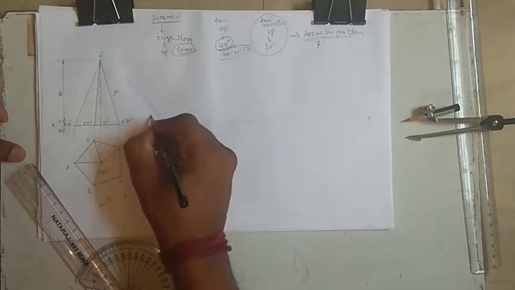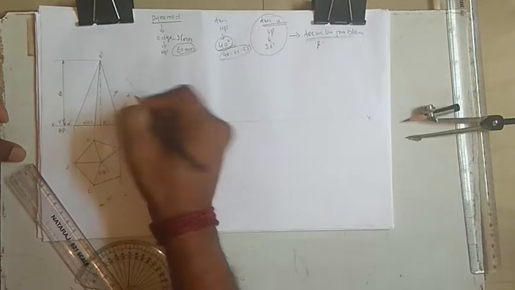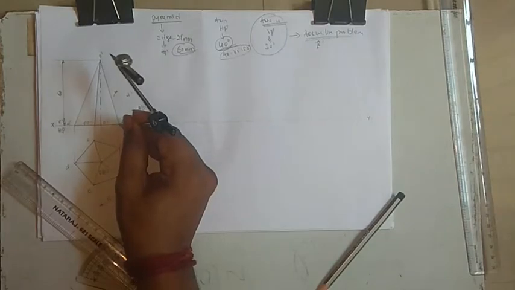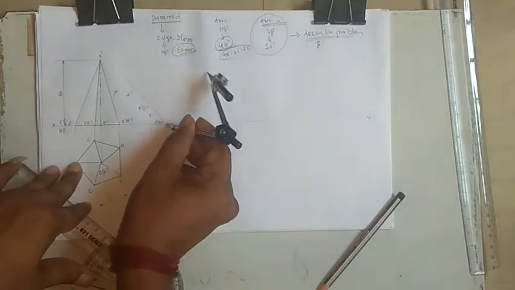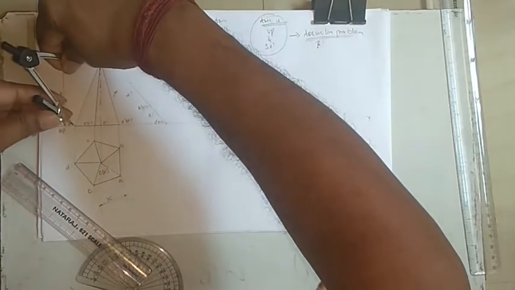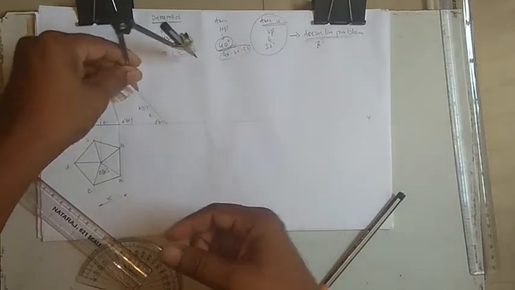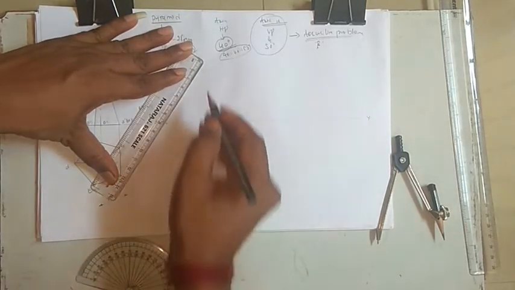Okay, so this is O1 dash, this is E dash C dash, and this is D dash. Okay, so when this one is done, again from A dash to O dash, from O dash to D dash, from D dash to O dash. Okay, so when this one is done, just join the boundaries.